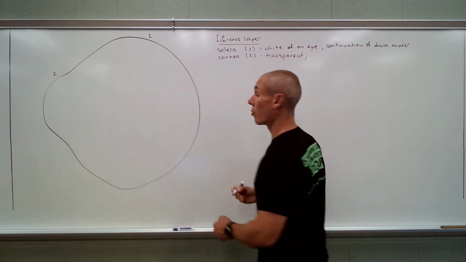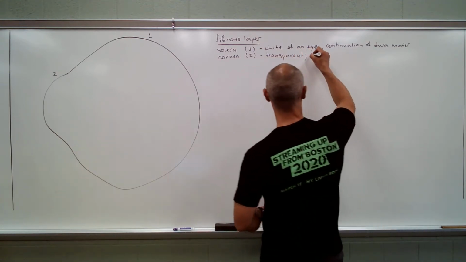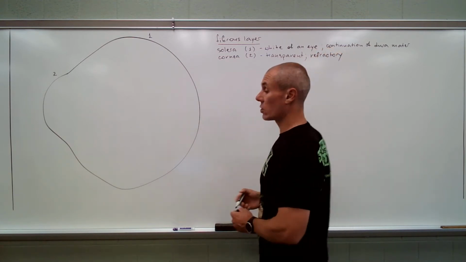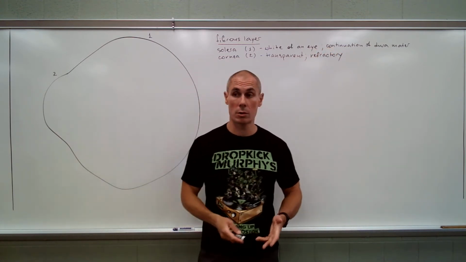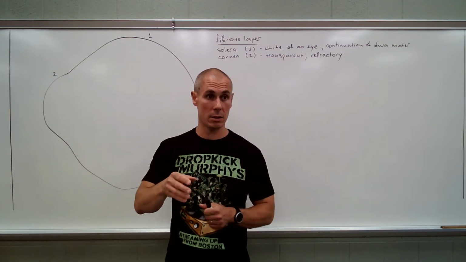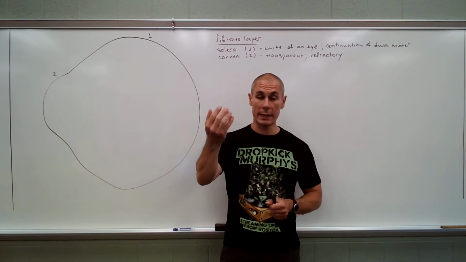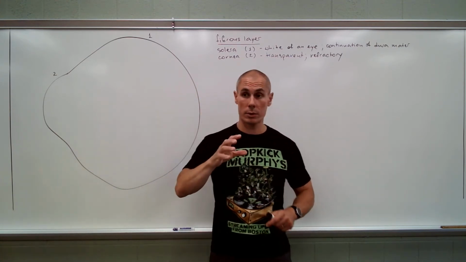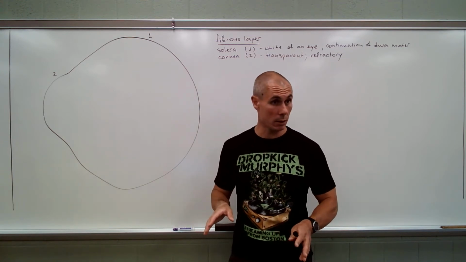And it is refractory. Okay, now refractory means that it can change the direction of light. Just like your glasses or your contacts help you to focus light into your eye, this is what cornea does. It focuses the image. Are we clear?